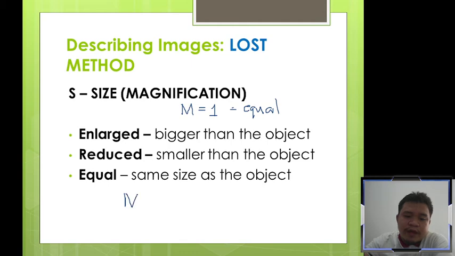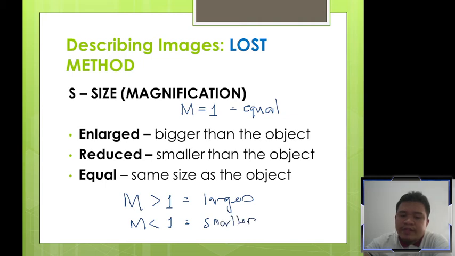But if m is greater than 1, then the image is actually larger than the object. But if m is less than 1, then the image is actually smaller than the size of the object. So we will discuss that more in detail in our next video.